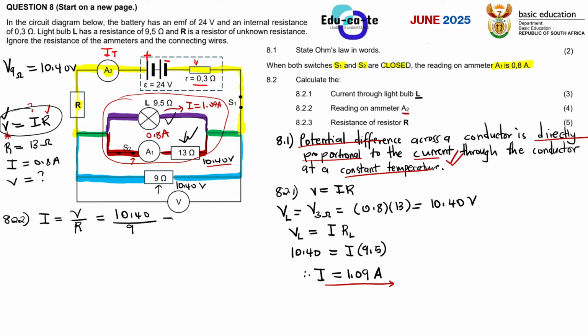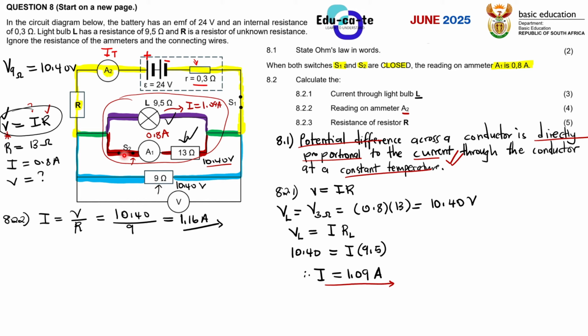Just use the calculator there. That's 10.40 divided by 9, which gives us 1.16 amperes. So basically, the current through this 9 ohms resistor is 1.16 amperes. So we know that there is 1.16 amperes here.